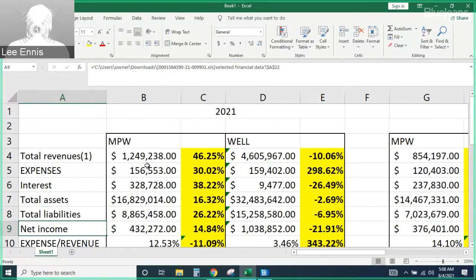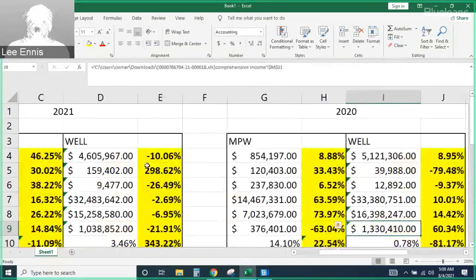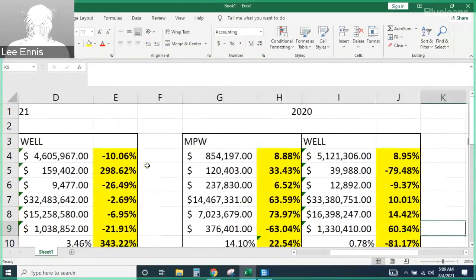All right, net income. So again, this is what the income is after all the expenses, after paying taxes, after everything. It increased 14% in 2021 for MPW, whereas it fell 20% for Welltower. And again, that goes back to the story concerning the PE ratio. In 2020, however, net income fell 63%, which is huge. And for Welltower, it increased 60%.